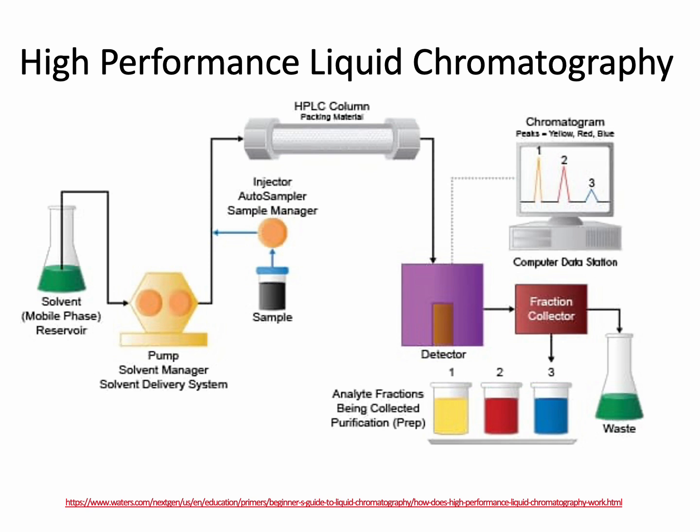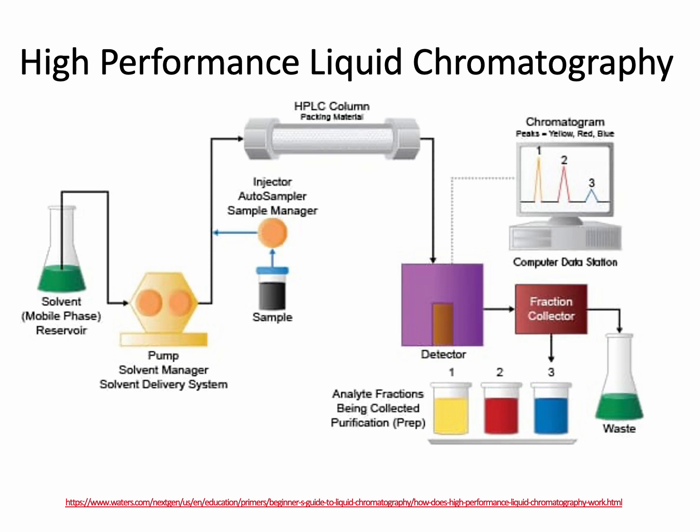Now the sample with the solvent, both together, are going to pass through the HPLC column from left on this image to the right, and then anything that is separated, those compounds are going to pass through a detector.